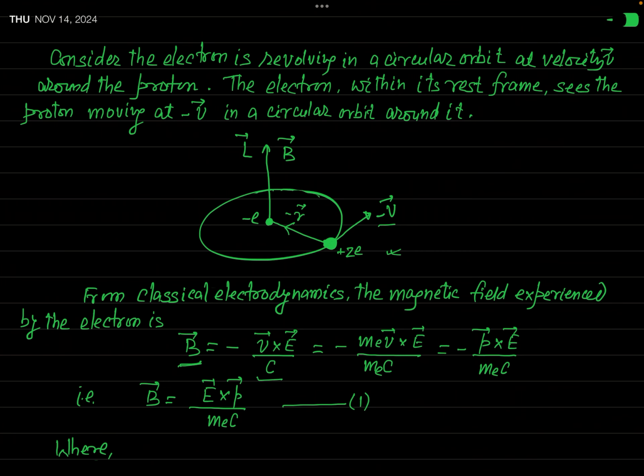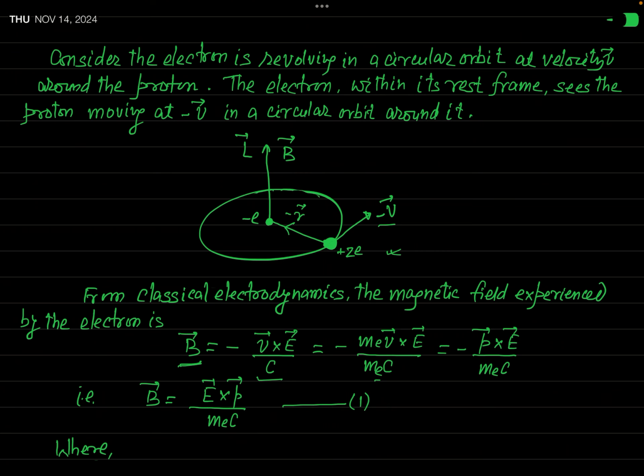Actually, our aim is to express this expression in terms of the momentum of the electron. And for this, let us multiply this expression by m_e in numerator and also in denominator, so the result remains the same.